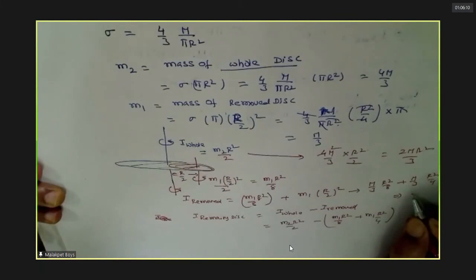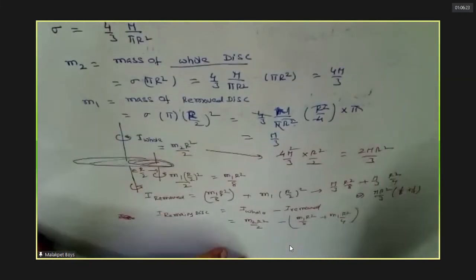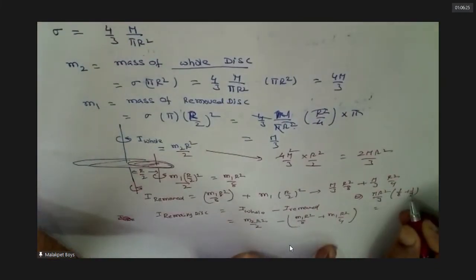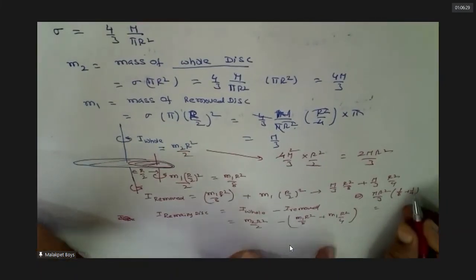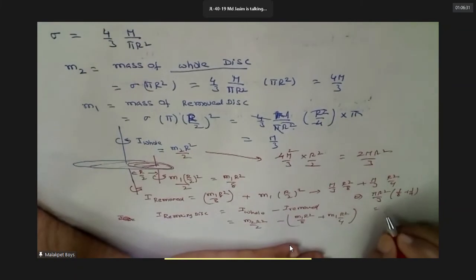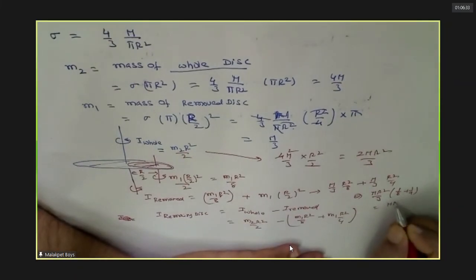This gives you how much? M R square, if you take common, 1 by 8 plus 1 by 4 is how much? 3 by 8. 3 by 8, 3 will get cancelled.